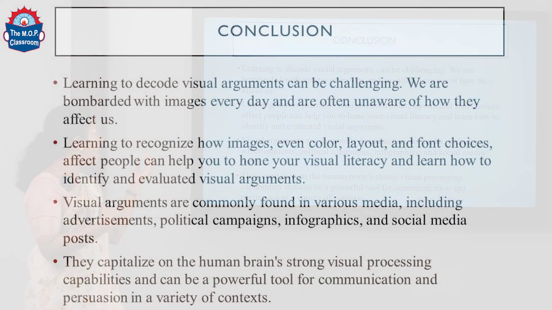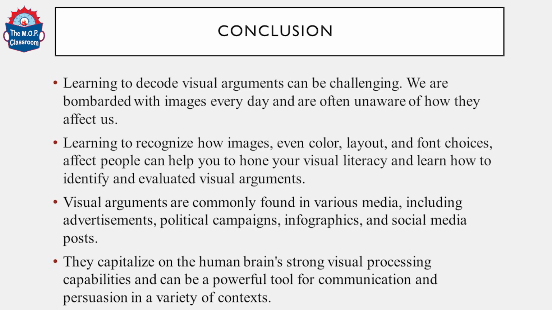We have this strong visual processing skill or communication that goes on within us every second of the day. So when we learn to decipher visual arguments, we build upon that skill of communication and understanding within us, where we use the image and the text, we combine them together, and we gain a deeper understanding of the image itself.